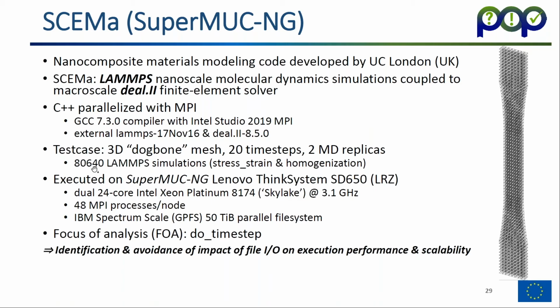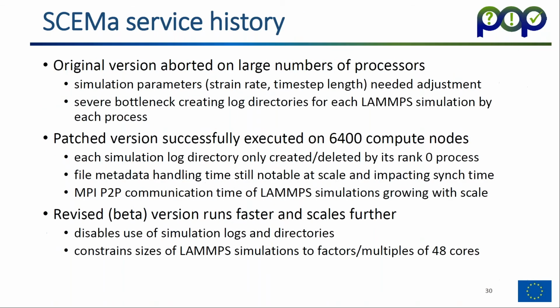And so the scheduling and how those simulations are executed is one of the key factors in terms of how this application configuration changes and how it scales. We were dealing with this code in different versions. The original version, we actually weren't able to run on very large numbers of processes. The simulations became unstable, so we had to adjust the simulation characteristics, the simulation parameters.